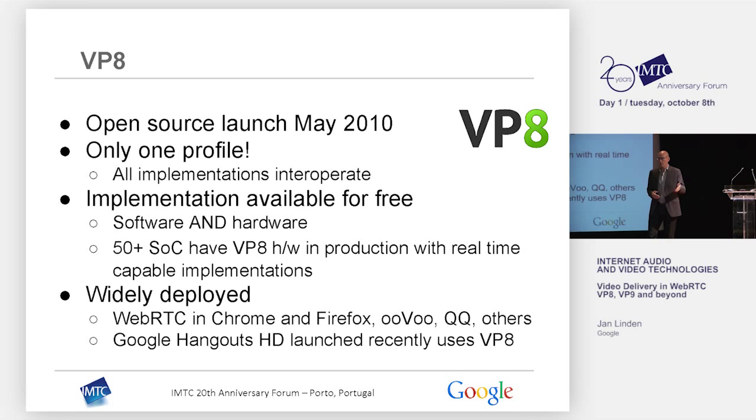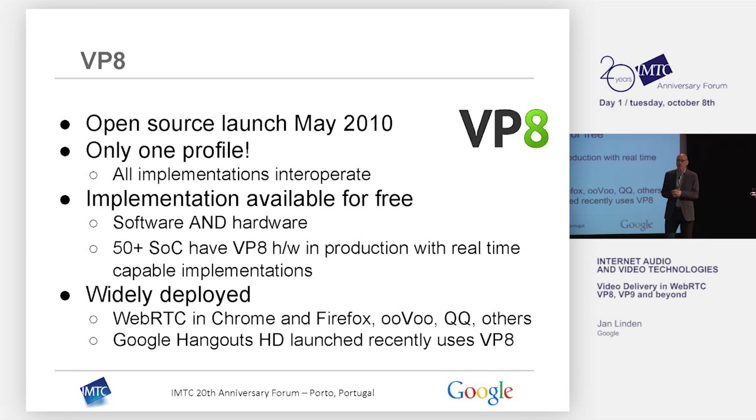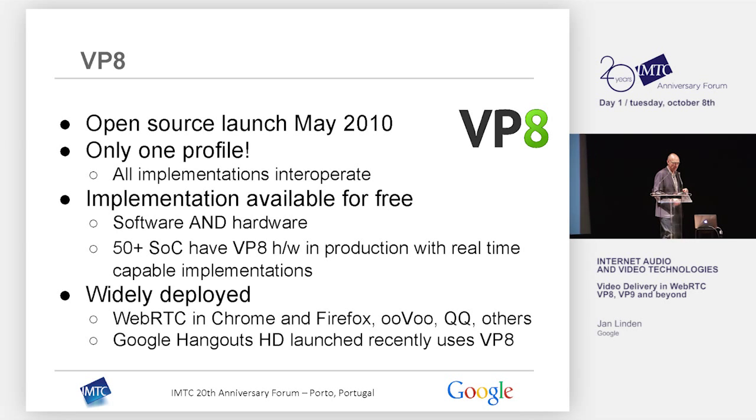You don't have to optimize yourself, find and make an implementation that is good. There's plenty of hardware out there that supports both VP8 encode and decode, and is widely deployed. Especially nice now that we just launched Google Hangouts in HD, and that's based on the VP8 codec. So that's a nice achievement based on VP8.